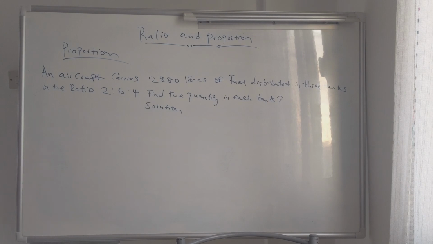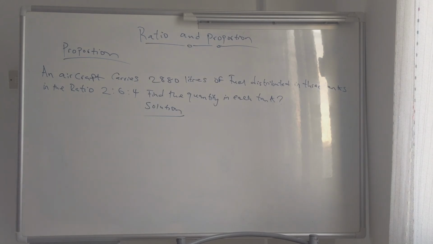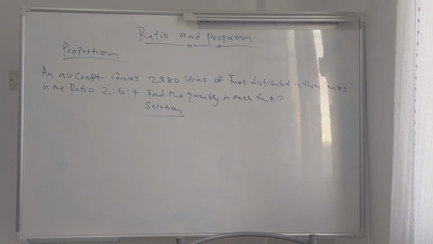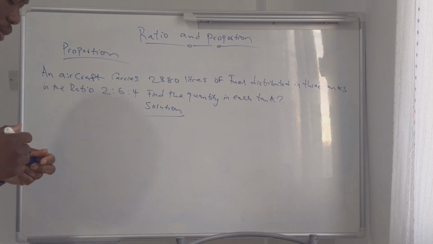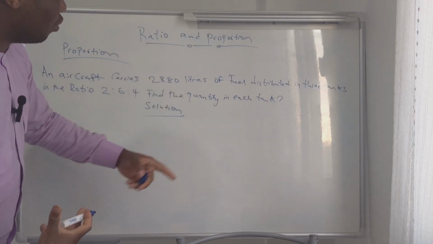As I've said earlier, there are two methods to solve this problem. We're going to use the first method: add the total ratio together and find the total amount of liters they carry.